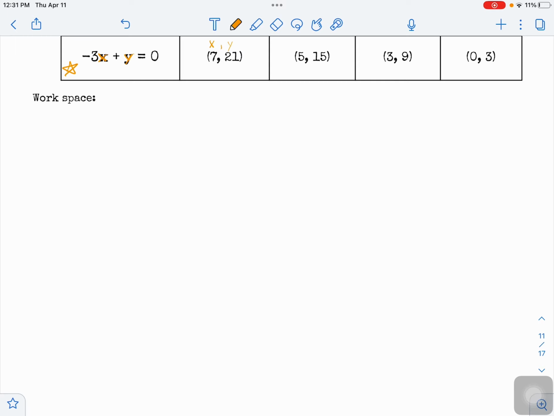Let's do the first one right below. If my original equation is this, I am going to take out this x and this y and replace them with this x and this y.